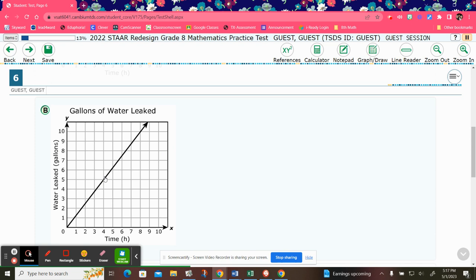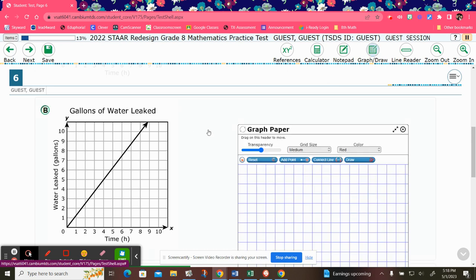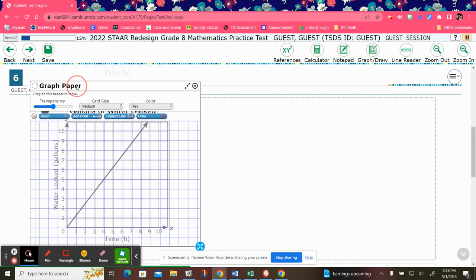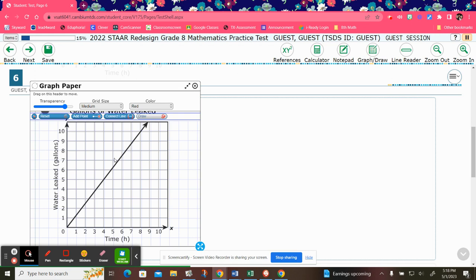I can see them all a little clearer, and I can count the rise and run. Now, if I wanted to, I could do that graph on here, and I can go a little transparent, and you can do this draw feature so that you can actually count your rise and your run.